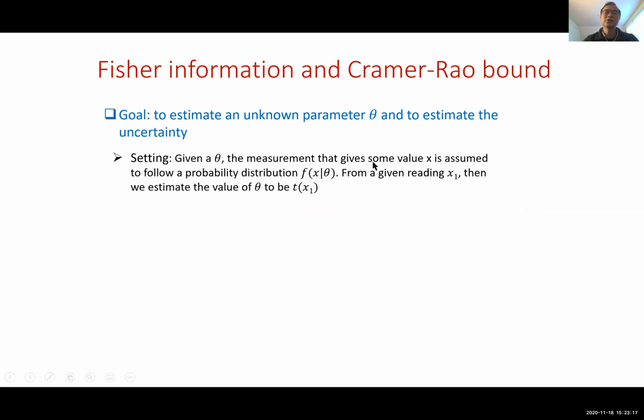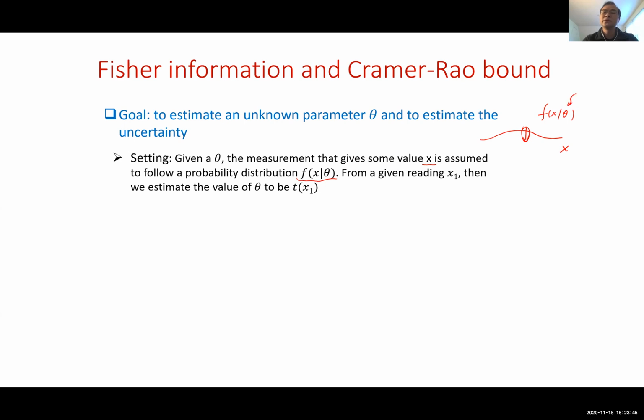So assume there is a measurement. In this case, it could be classical. Let's just assume we're talking about a classical measurement. We measure some x, and the measurement gives some value x. Assume it has some distribution.